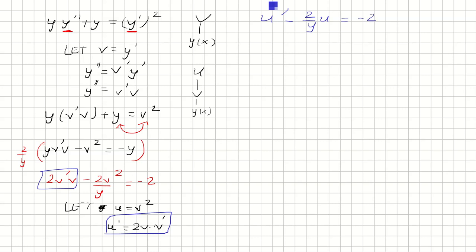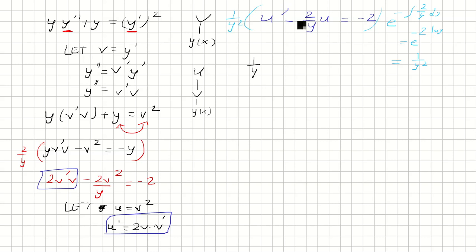Now at this point, we can multiply both sides by e to the negative integral of 2 over y dy, because that's just going to be e to the negative 2 ln of y, which is 1 over y squared. Basically, we're going to multiply everything by 1 over y squared, both sides.